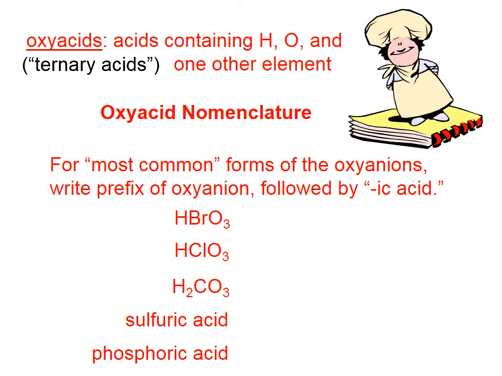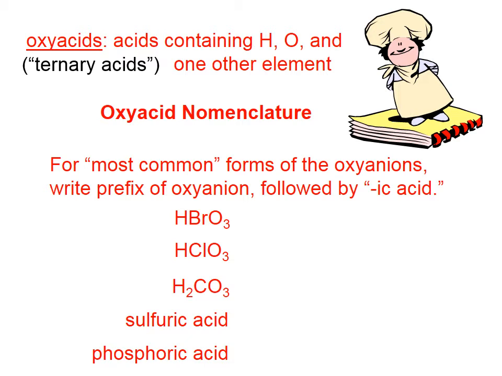For the most common forms of the oxyanions, we write the prefix of the oxyanion followed by ic acid. Now, when I say most common form, that refers to the polyatomic ions that I called most common in an earlier lesson.